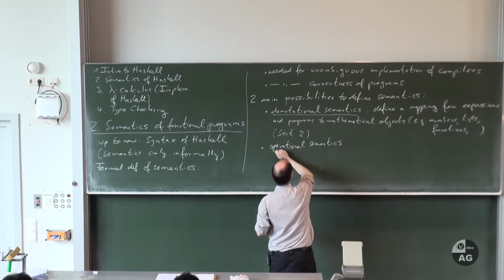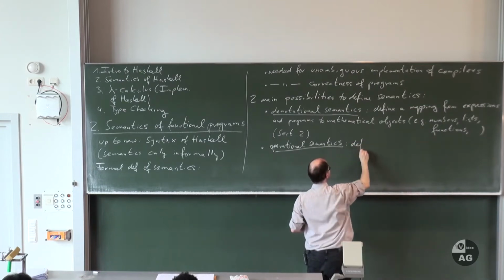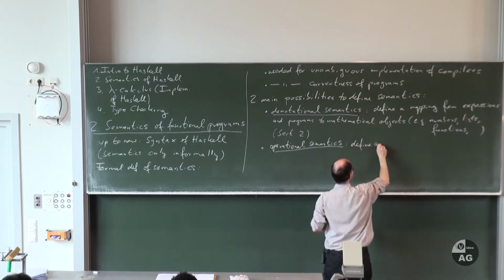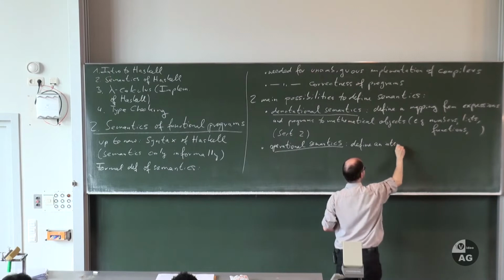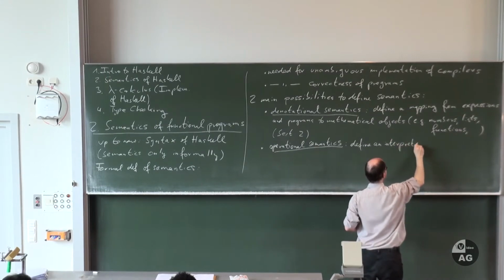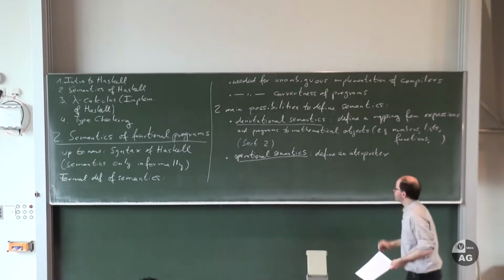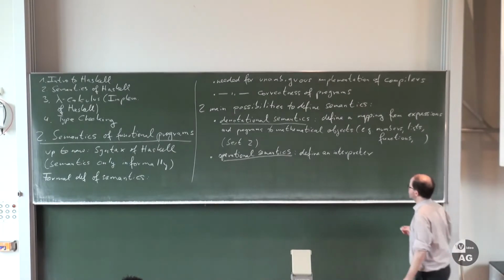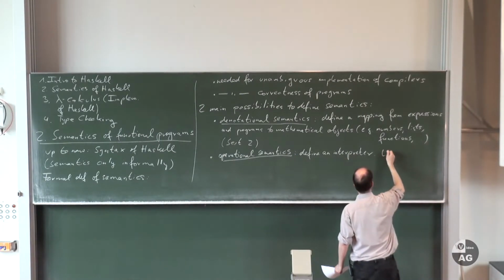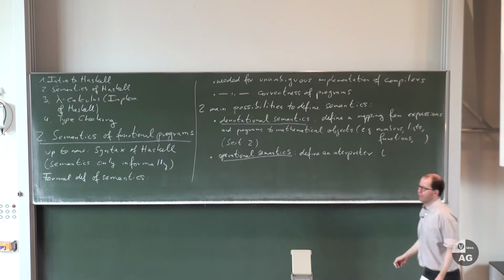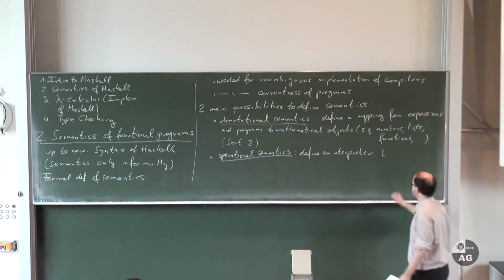So here the idea is to define an interpreter for the language, which really executes programs, and the way that this interpreter behaves, that's the semantics of the programming language.